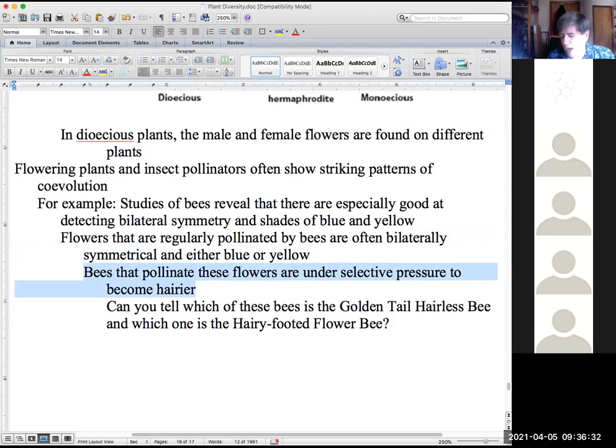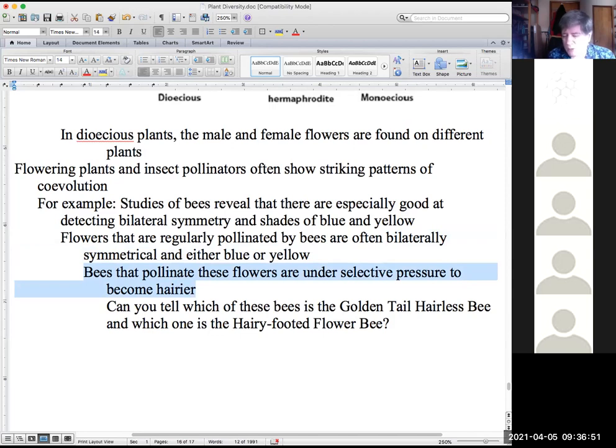Now, you might ask why, but remember what I said. If you have a lot of hairs on your body, you pick up pollen in places you can't reach when you crawl into the flower. And if you do that, you're more successful in transferring that pollen from one flower to another flower.